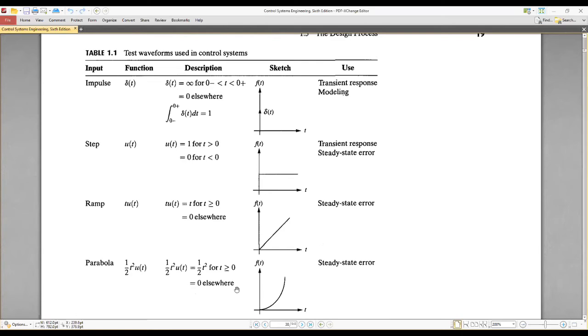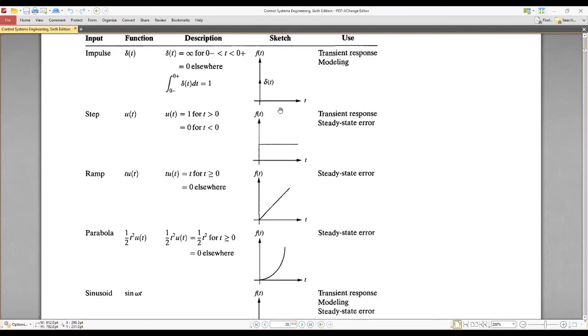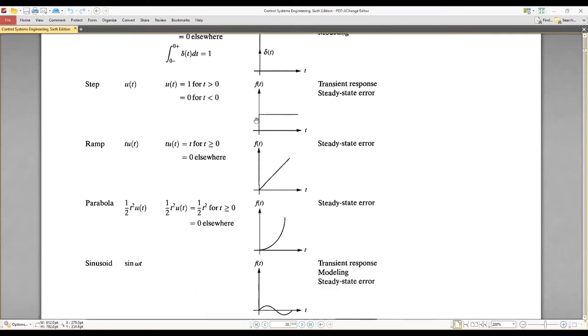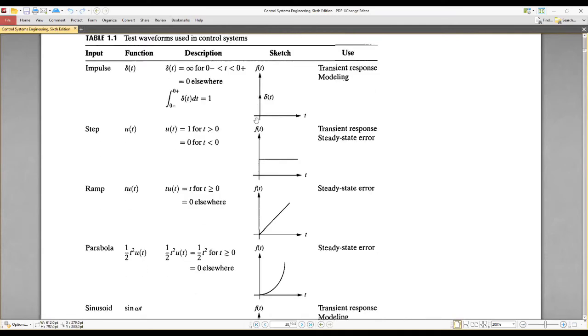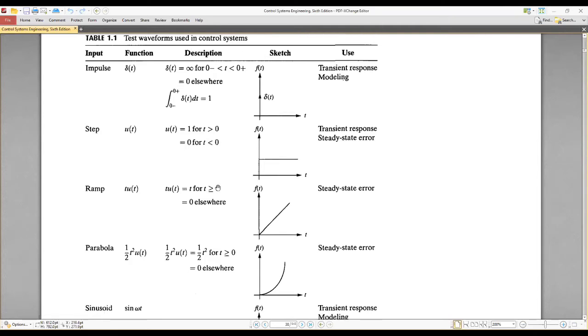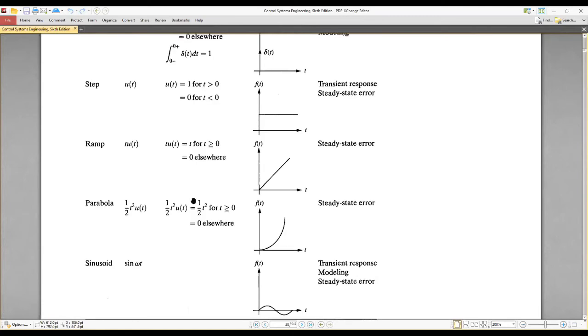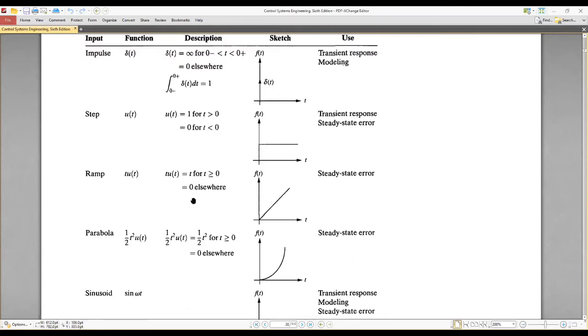This kind of wave will recur throughout the control system, so you can put this wave as the input. Remember this table, table 1.1, test waveforms used in control systems.